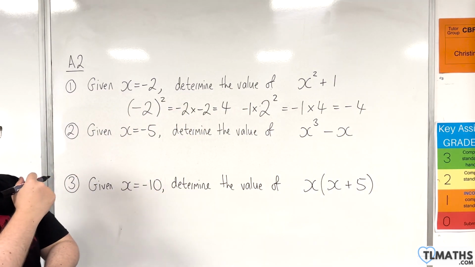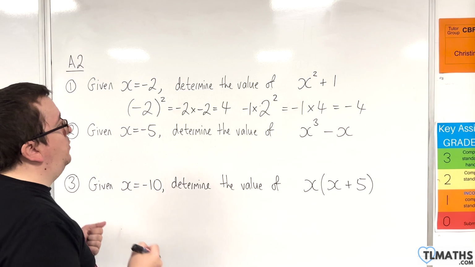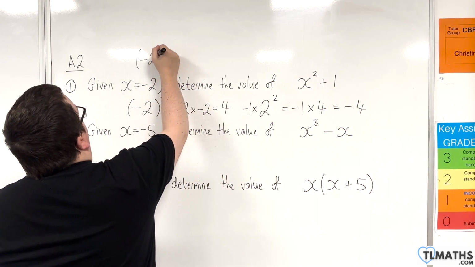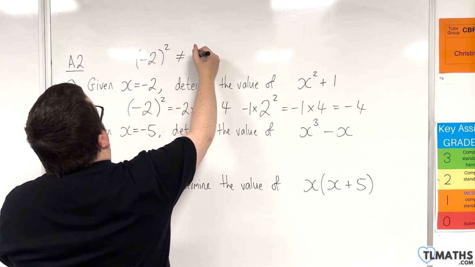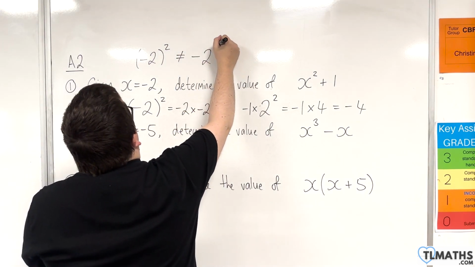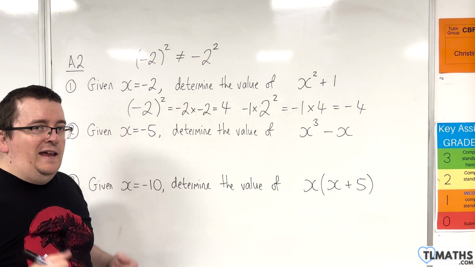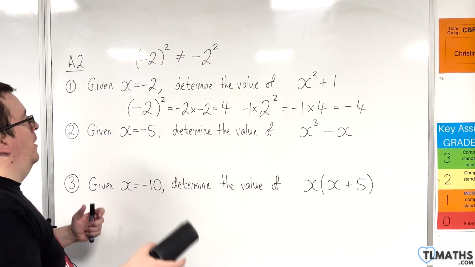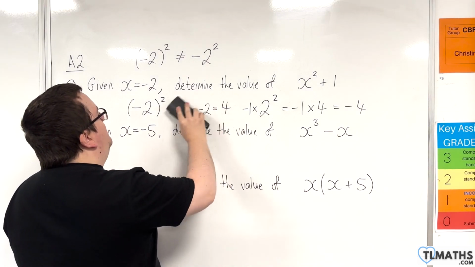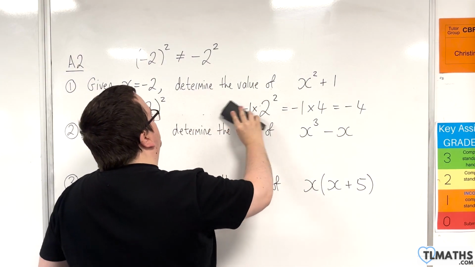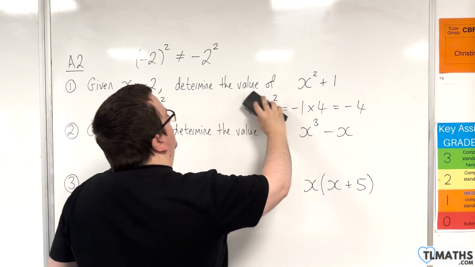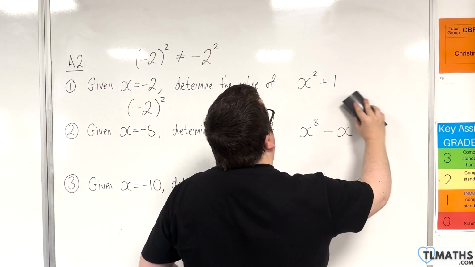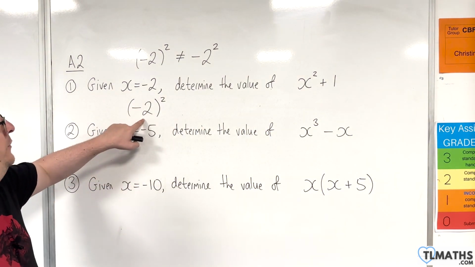So this is a problem, right? We need to understand that minus 2 all squared is not the same as minus 2 squared. It's difficult because obviously when I'm reading them out, the words I'm using are the same in both cases. But what you need to realise is that when you are substituting, it is the former, it is this.